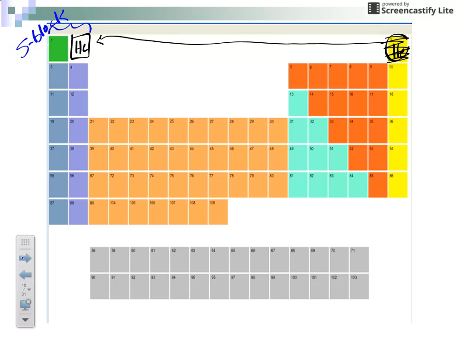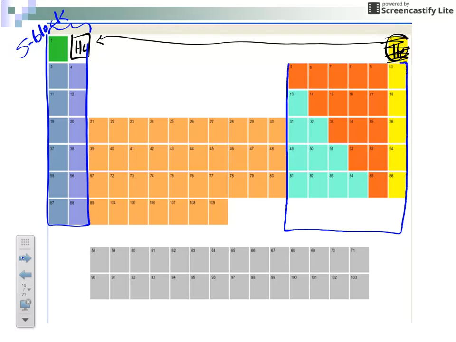That means all of the elements that live in this region of the periodic table live in a spherical shaped house. This is called the P block. All of these elements over here live in a peanut shaped house. So our S block elements all have spherical houses, and the P's have peanut-shaped houses.